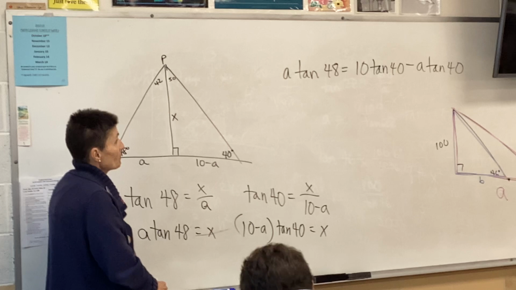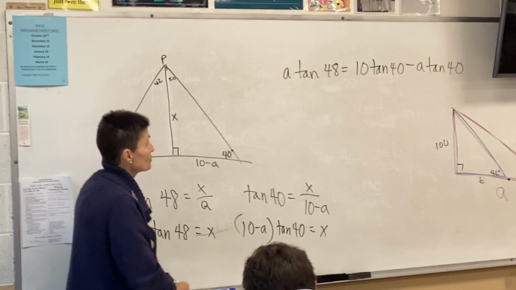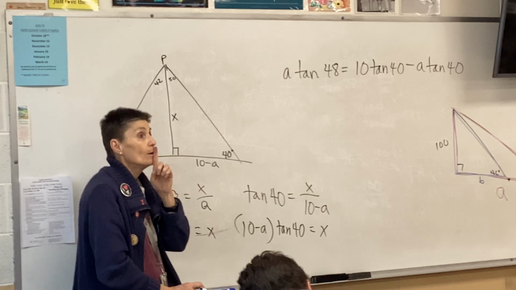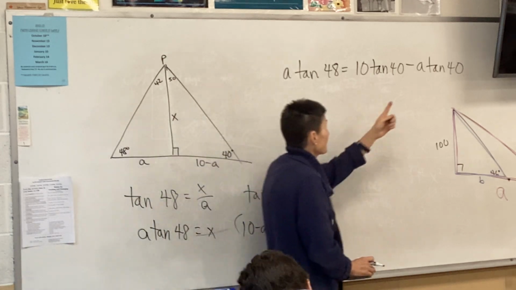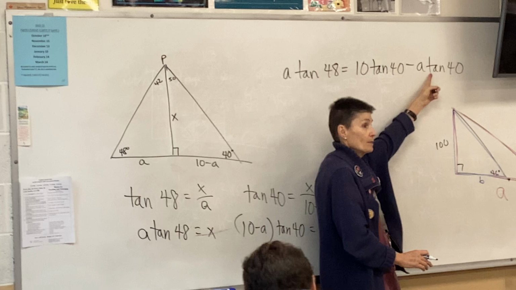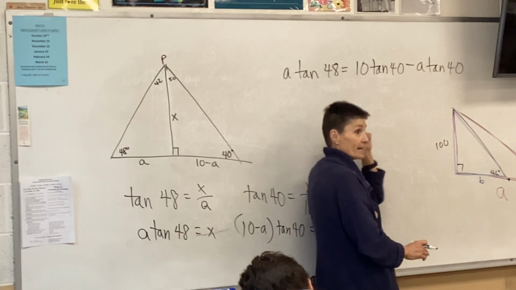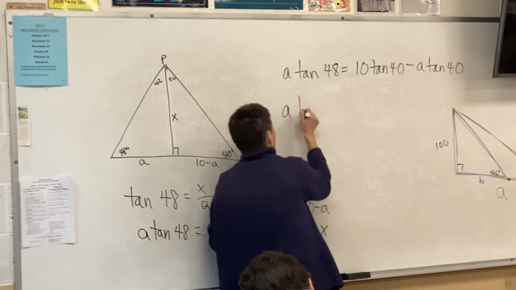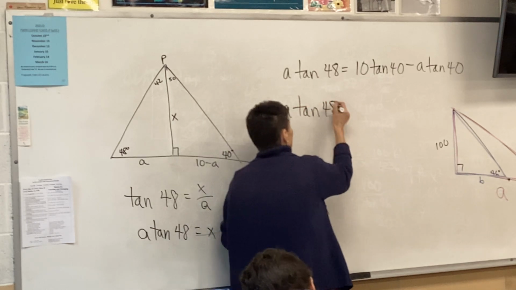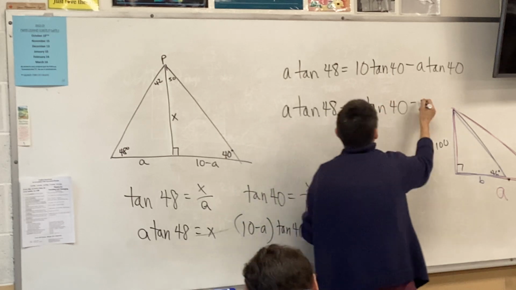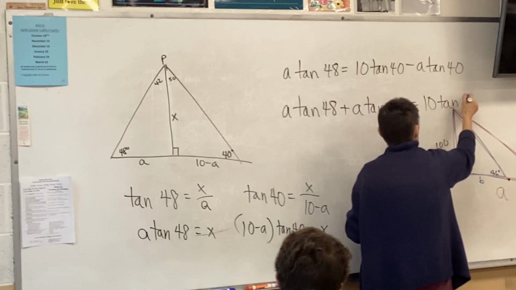Now, I need to figure out what A is, so what would you suggest I do next? No, Lucy, that ain't gonna work, because I got an A over here too. So the A's have to be put on the same side of the equation. So A tan 48 plus A tan 40 equals 10 tan 40.